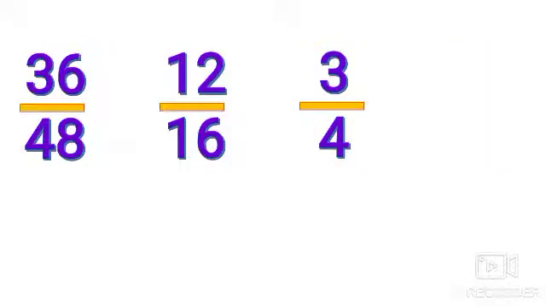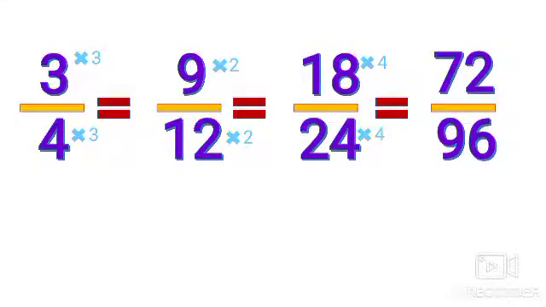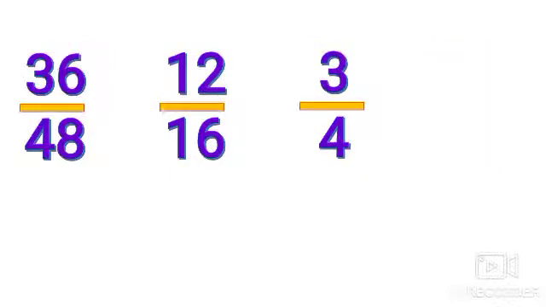Look at this example. 36 upon 48. In the earlier example, as you see, this is in increasing order. Now here, as you can see, this is a decreasing order. So 36 upon 48 you have to convert into 12 upon 16. That means you have to divide. By which number are you going to divide?